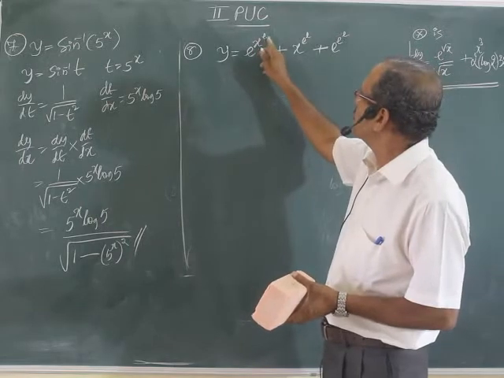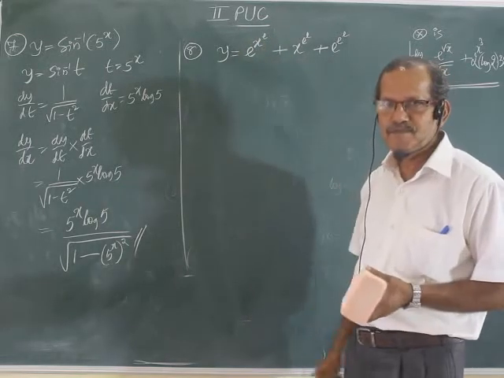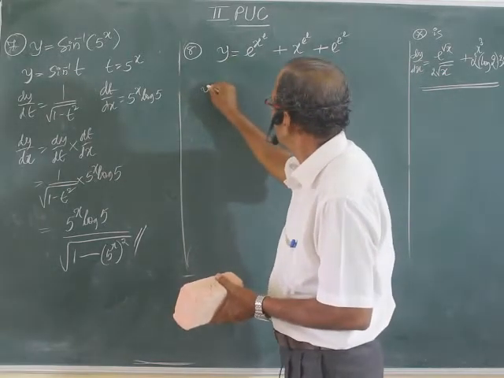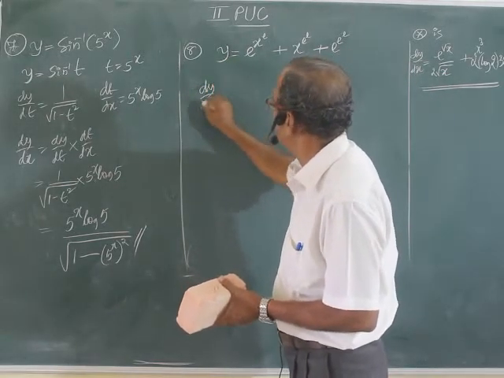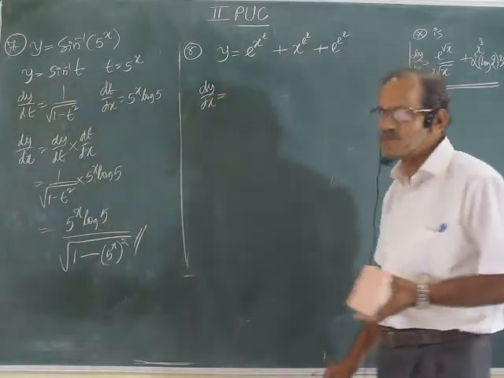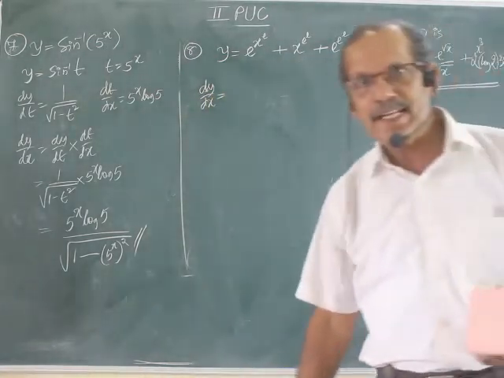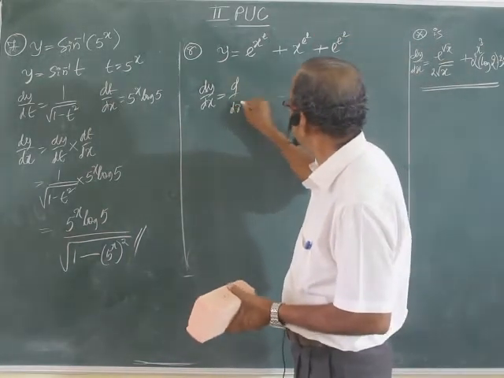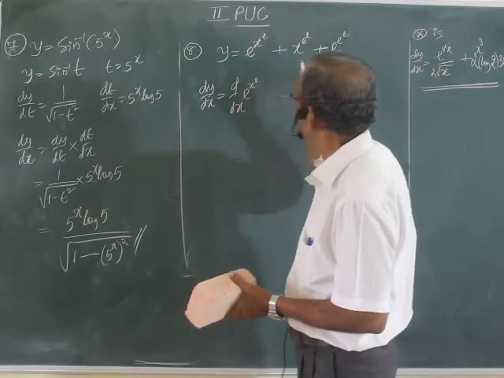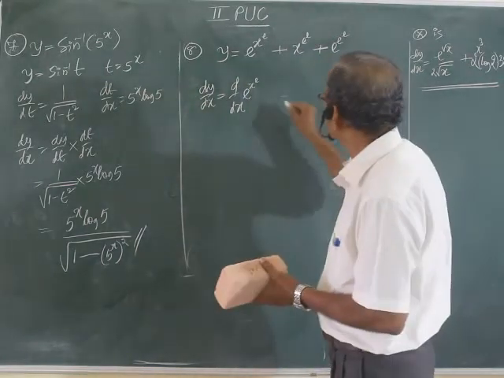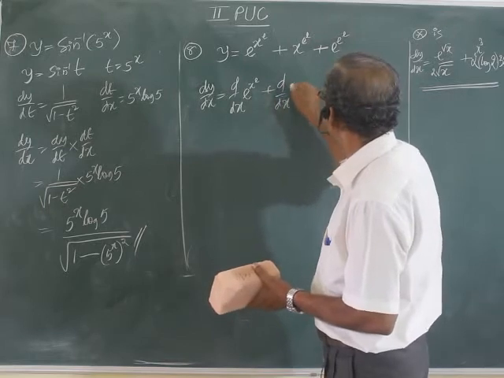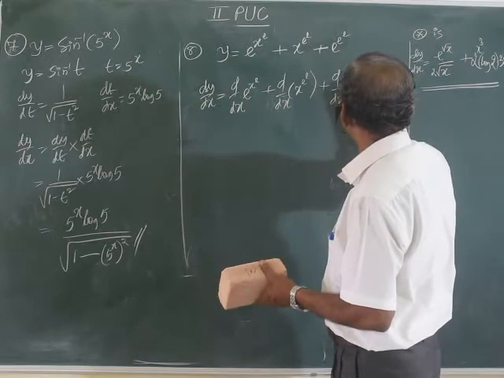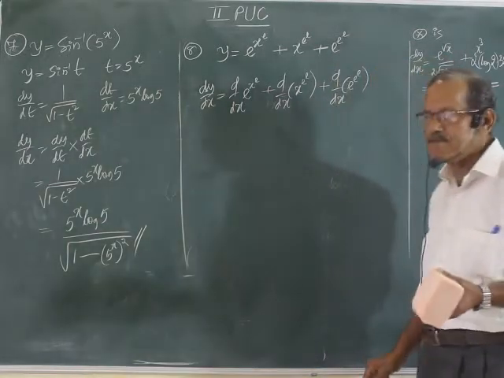E to the power x to the power e, you know the chain rule. Shall I write directly? dy by dx equal to, let me write the answer directly: d by dx of e to the power x to the power e, d by dx of x to the power e to the power e, d by dx of e to the power e to the power e.